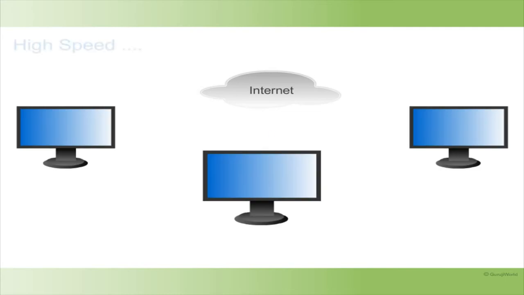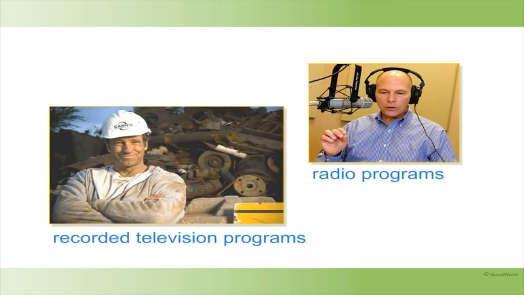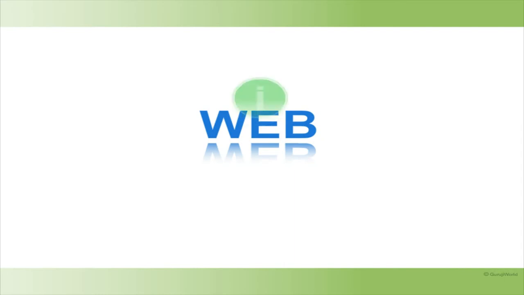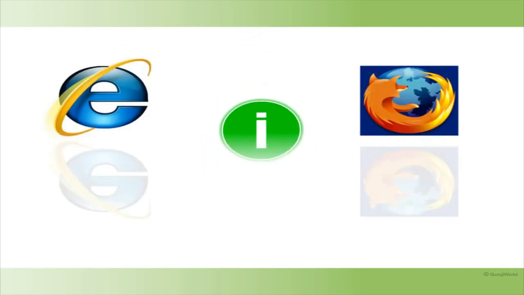With a high-speed Internet connection, you can stream live radio programs, recorded television programs, and movies from the Internet to your computer. The web is the information space you access through a web browser, such as Internet Explorer or Firefox.